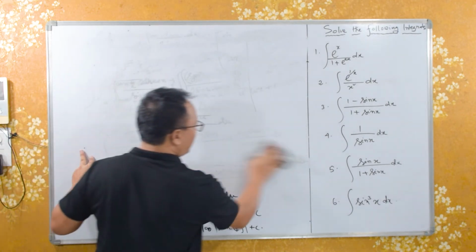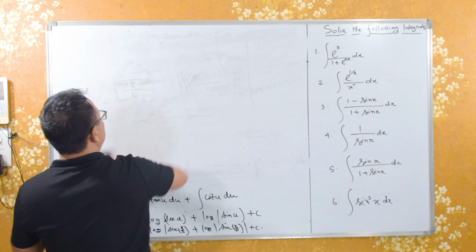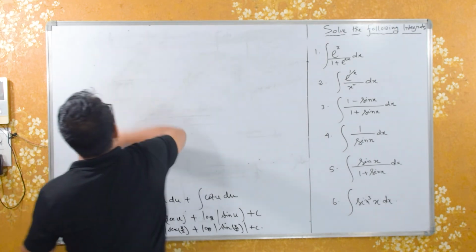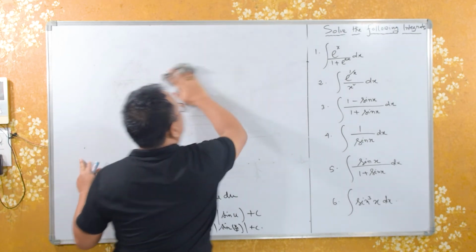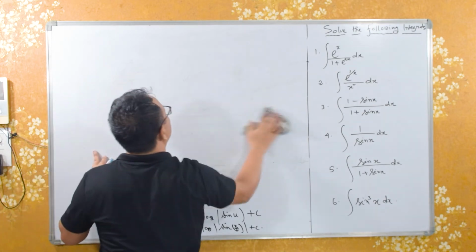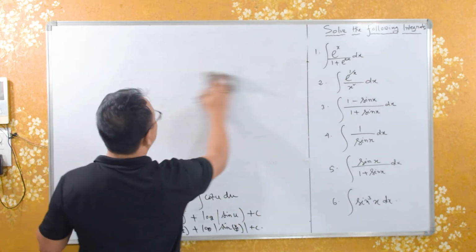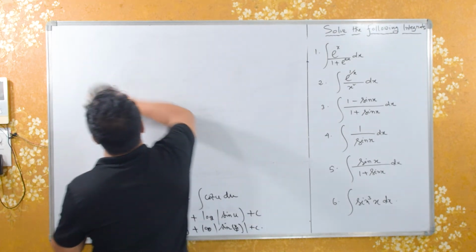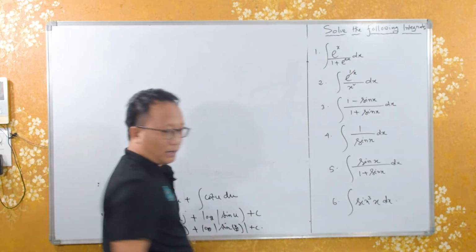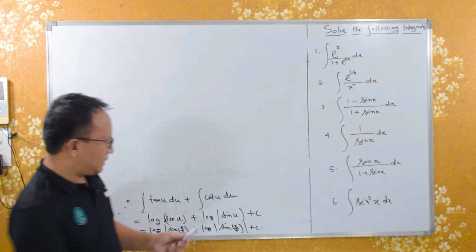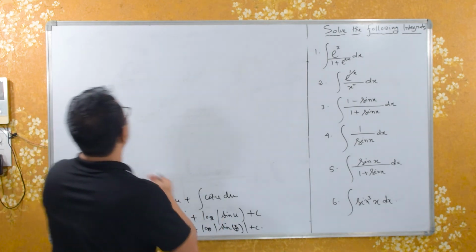Otherwise, you can break sine cube theta as sine square theta into sine theta, and you can substitute for one sine theta. Let's try over here.